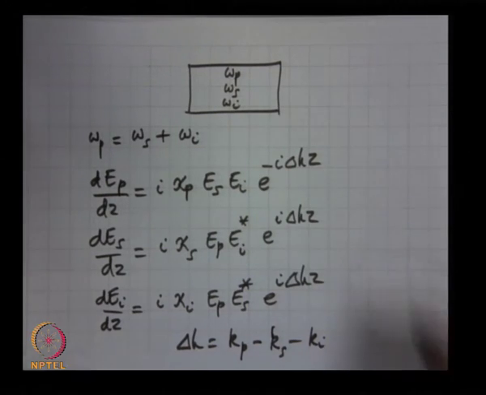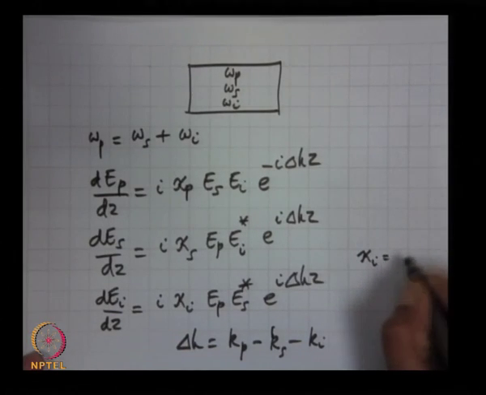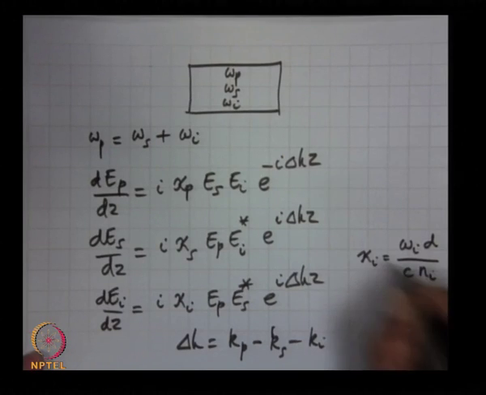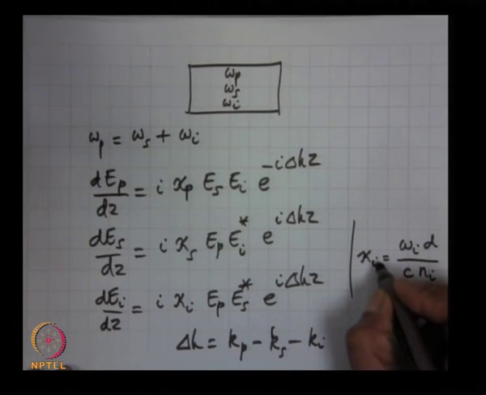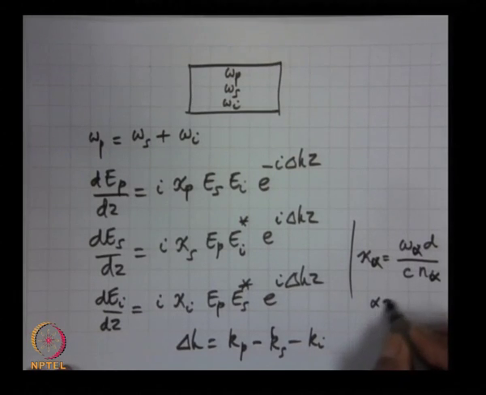And the kappas are the coupling coefficients. So kappa alpha is omega alpha d by c times n alpha, where alpha can be pump, signal or idler.